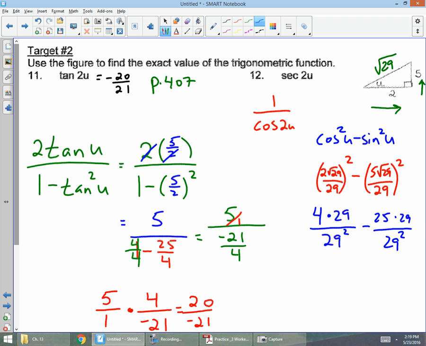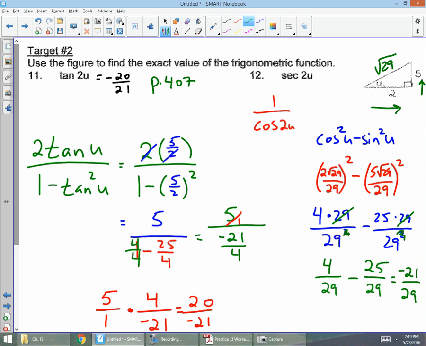Now I'm not going to use a calculator on this because they're designed to work out really well. Here's what happens. There's a 29 upstairs and 2 29s downstairs, so what's left over is just a 29 in the denominator. Really, you have 4 over 29 minus 25 over 29, giving you negative 21 over 29.